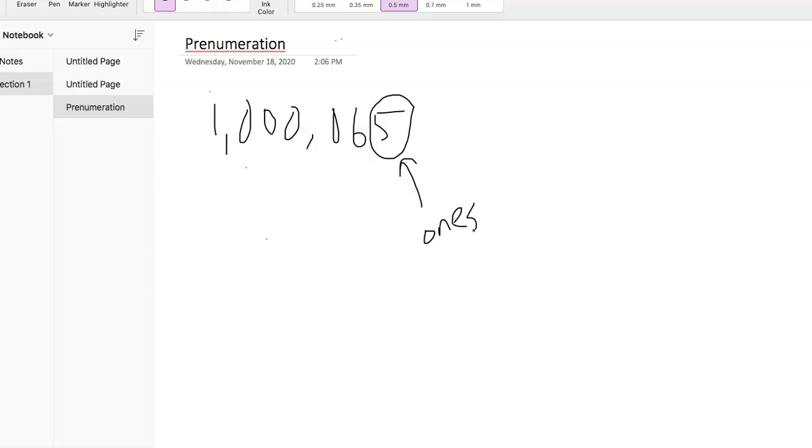This can be different, remembering when there's a decimal going to the right, then it starts off with tenths, hundredths, thousandths. But when we're moving to the left of a decimal, like there is no decimal here, so everything's to the left of a decimal, it goes ones. If they asked us for the 6, it would have been tens.